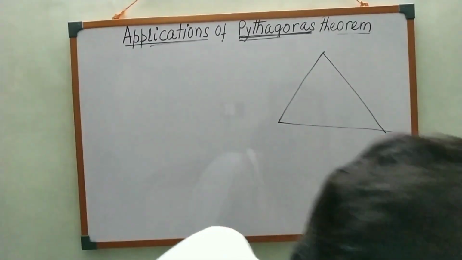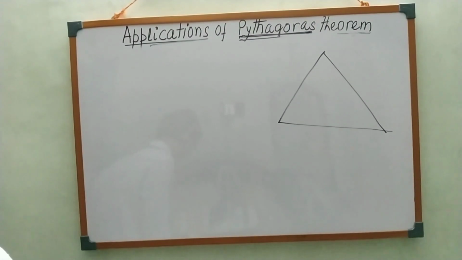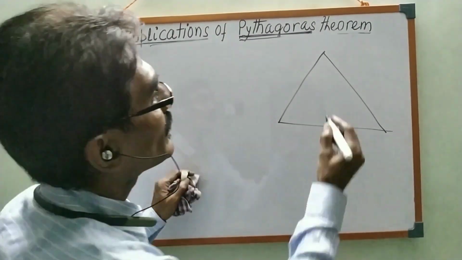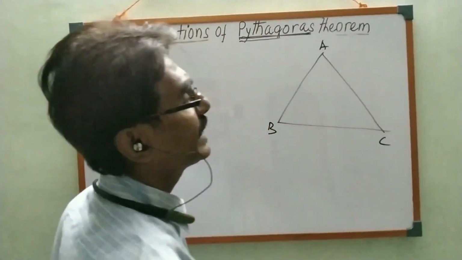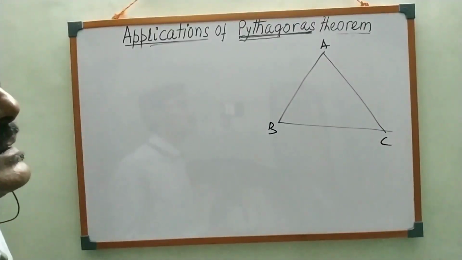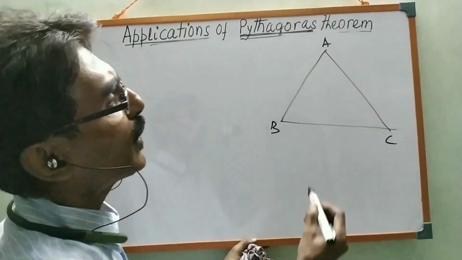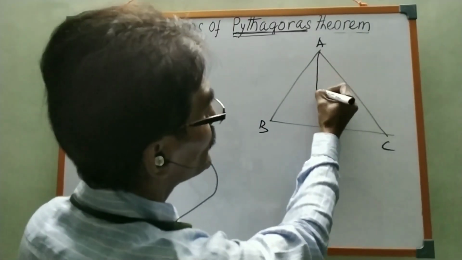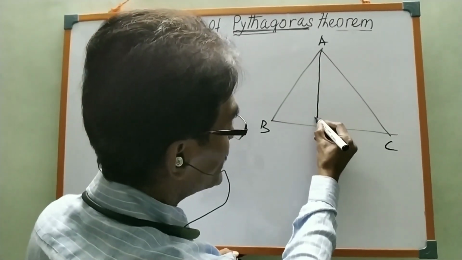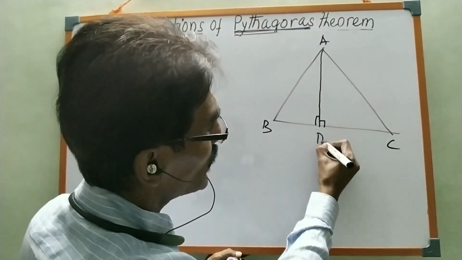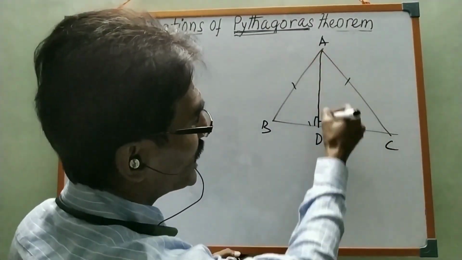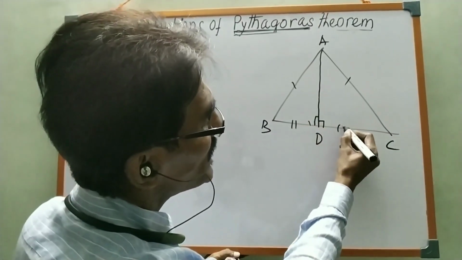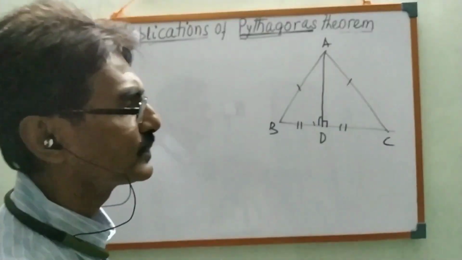Try to be clear. ABC is an equilateral triangle. Again the altitude is drawn. I said in the previous sum also, in an equilateral triangle when three sides are equal, if I draw the altitude, these two parts must be equal.